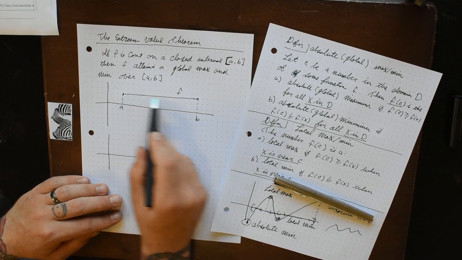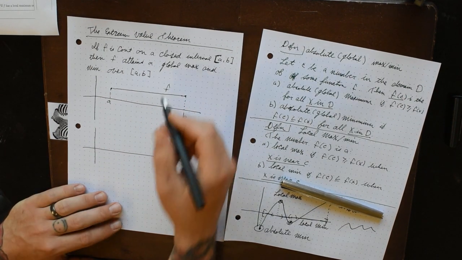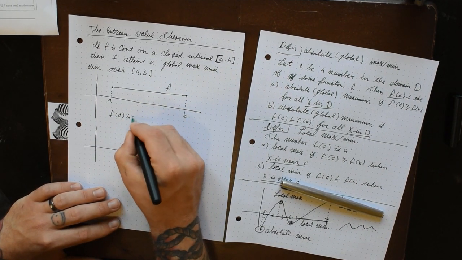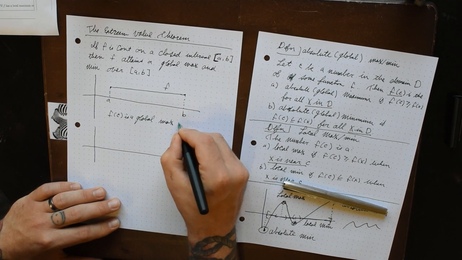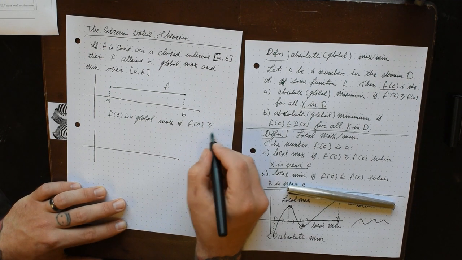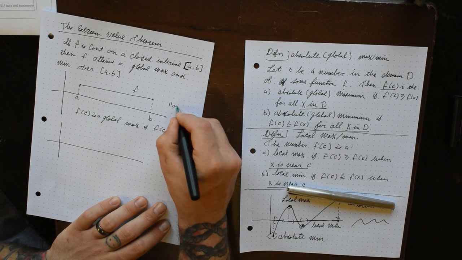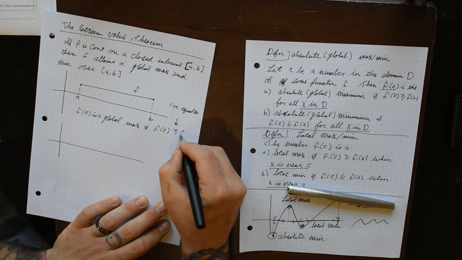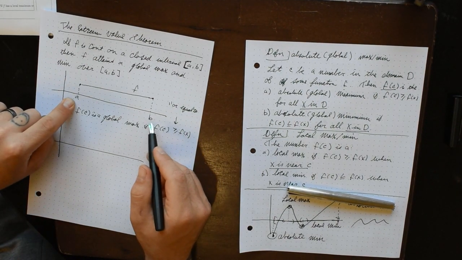So f is the constant function over this interval. Well, in order for there to be a global max, f of c is a global max if f of c is bigger than or equal to f of x for all x in between a and b.